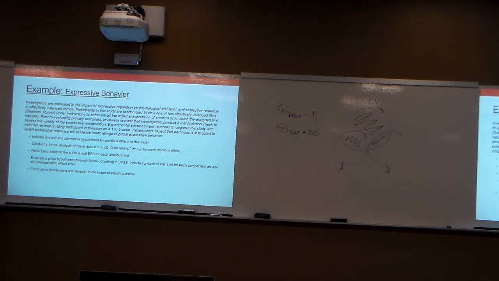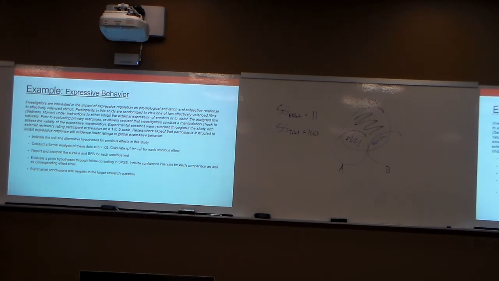The idea is to look at expressive behavior across film and instruction condition. Our hypothesis is that individuals instructed to inhibit expressive response will evidence lower ratings of global expressive behavior.